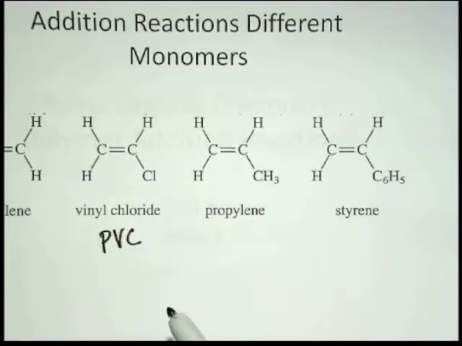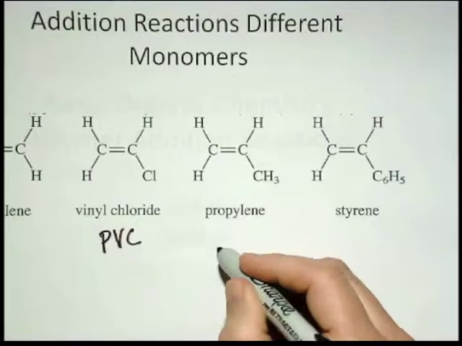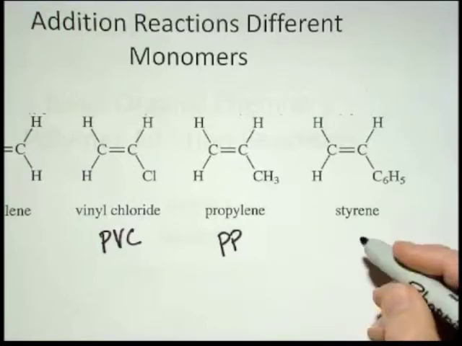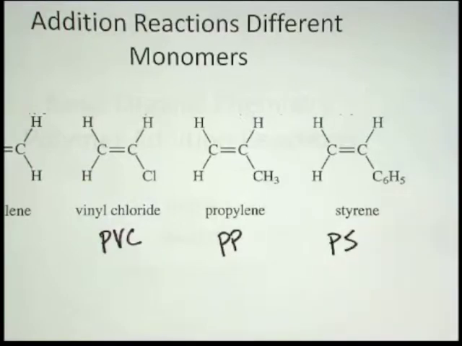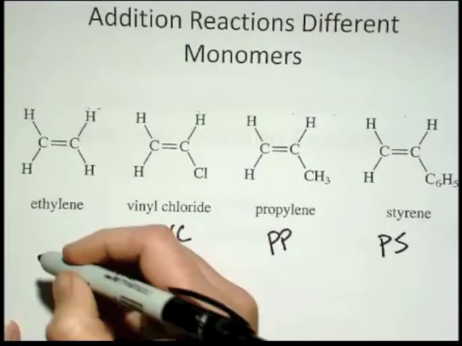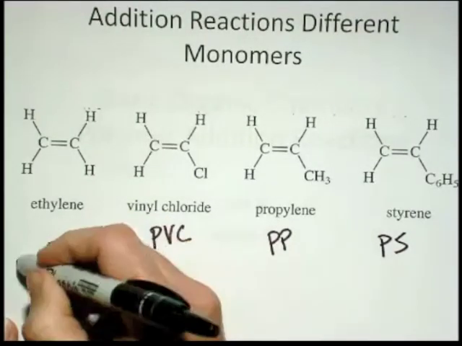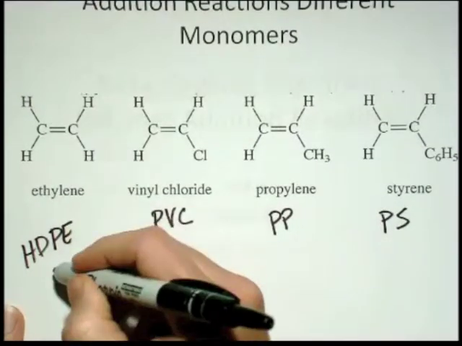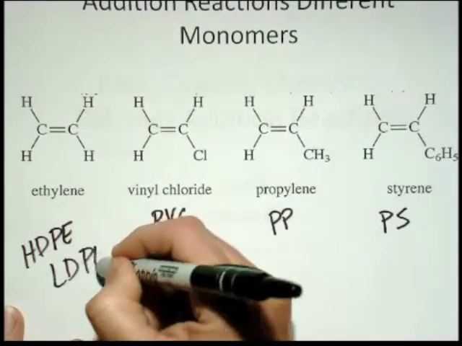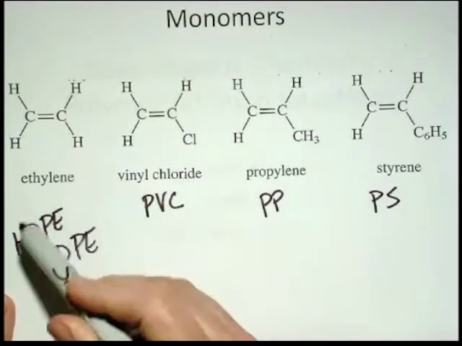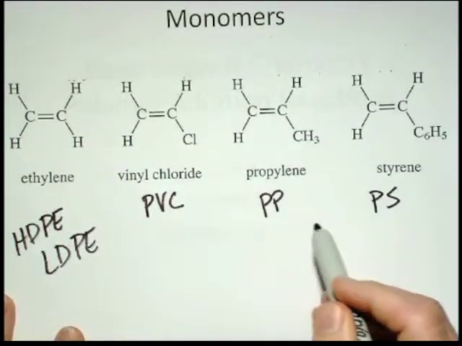Propylene is polypropylene, abbreviated PP. And styrene is polystyrene, PS. So ethylene is PE, but we had the high density, HDPE, and the low density, LDPE. So two different polymers from the same monomer, and then we can have PVC, PP, and PS.